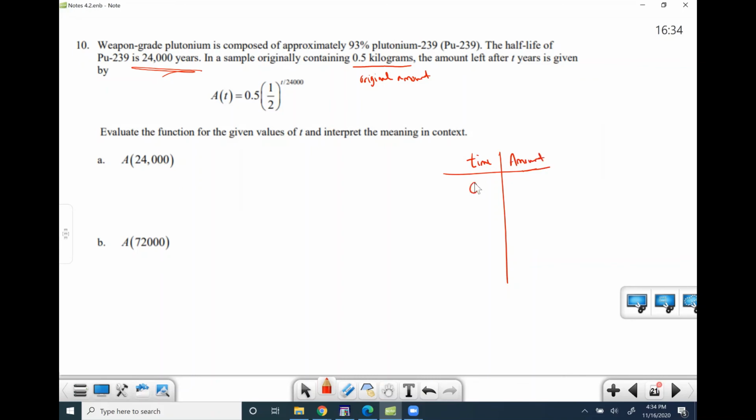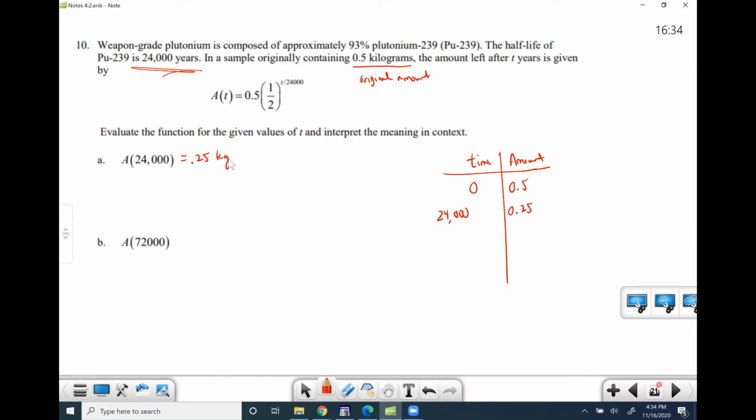We know that when time is 0, aka the beginning, we have 0.5 kilograms. Now, if the half-life passes, so 24,000 years pass, well then I should half that. So I should have 0.25 left. Okay, and that'd be kilograms.